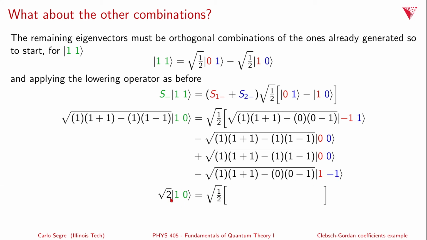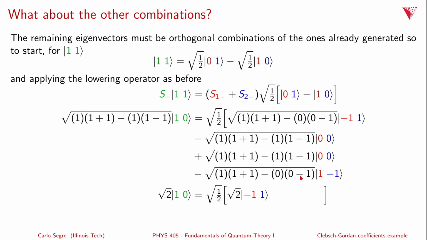We can then realize this is square root of 2 times the state s equals 1, m equals 0. And then you have on the right side 1 over the square root of 2 times square root of 2 times the state minus 1, 1. That's this term. These two cancel.